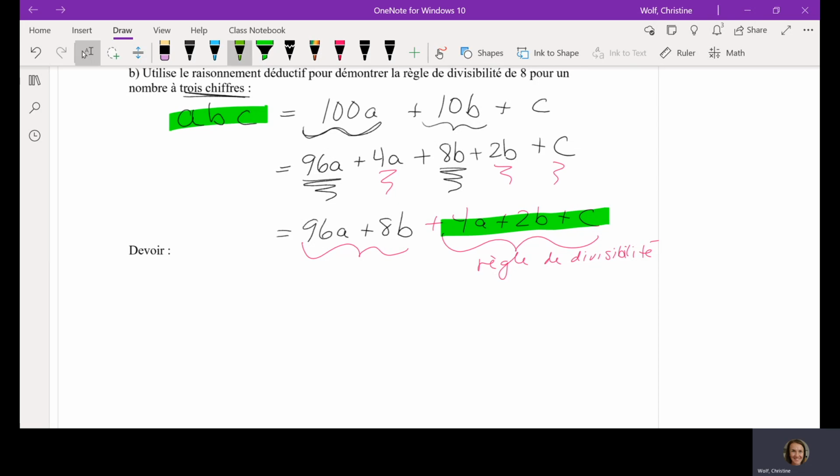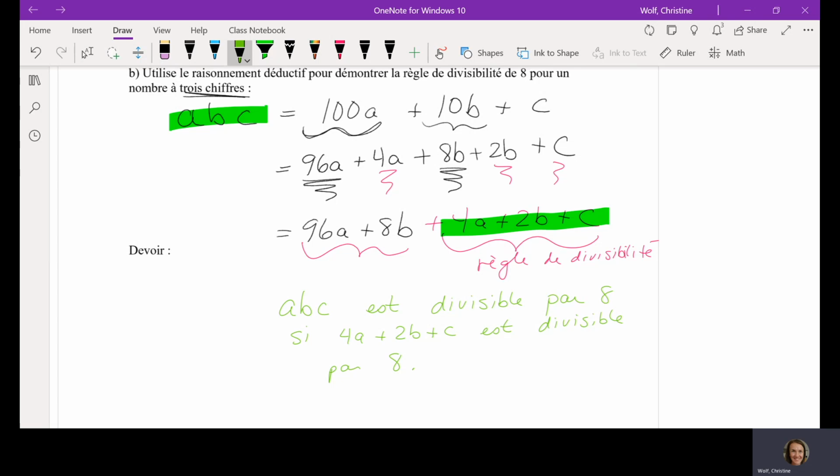Okay, so let's just write that down. So A, B, C est divisible par 8 si 4A plus 2B plus C est divisible par 8.